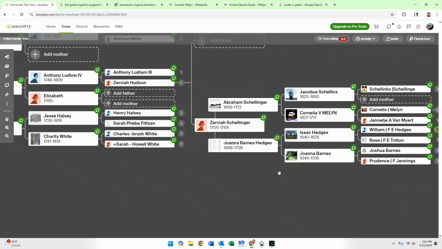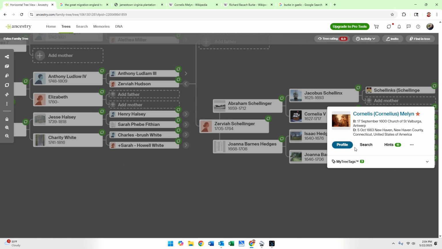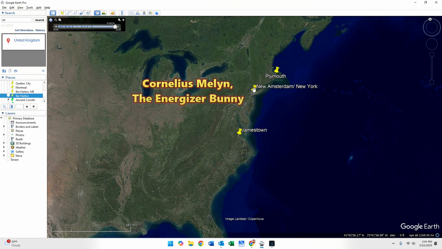So he came in about 1640, I think, is one of the first ancestors. Okay, so now you got the idea. So what we're doing, let's go back and look at the picture again. So Cornelius Mellon shows up in the early 1600s and he stays. Starts out in New Amsterdam, becomes New York, and eventually he would be the ancestor to Grandma Evins.